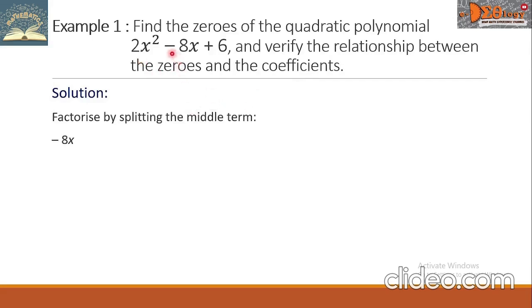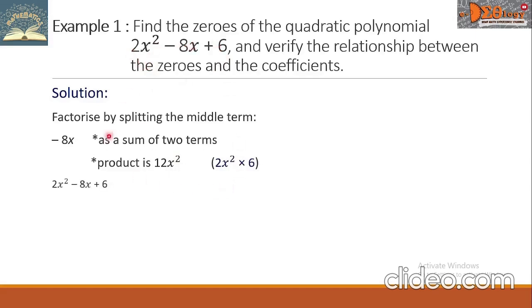Our middle term here is the negative 8x. So, we're going to split it as a sum of two terms. There is another thing that we should consider: the product must be 12x squared. This 12x squared comes when we multiply 2x squared by 6.